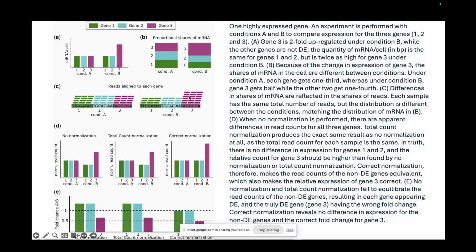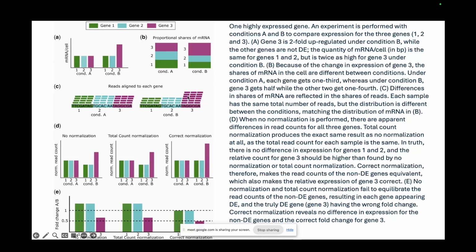In the second case, gene 3 has higher numbers in terms of alignment, and genes 1 and 2 have lower numbers. But if you look at the first condition only, if you do not look deeper, it only looks like gene 3 has more expression.